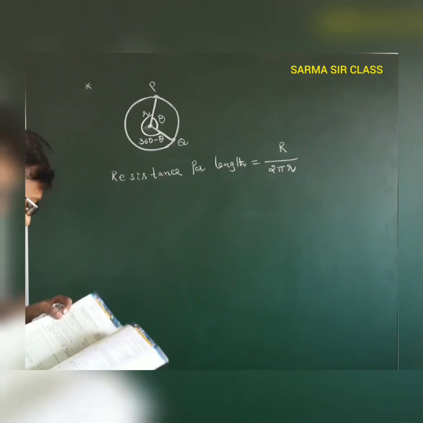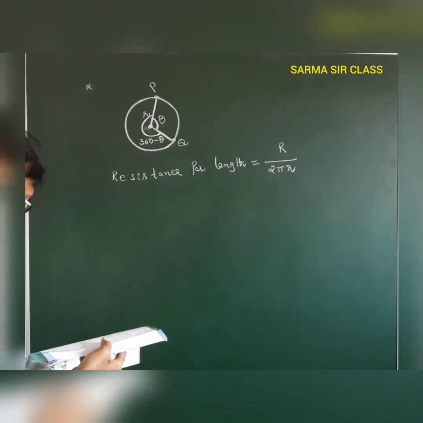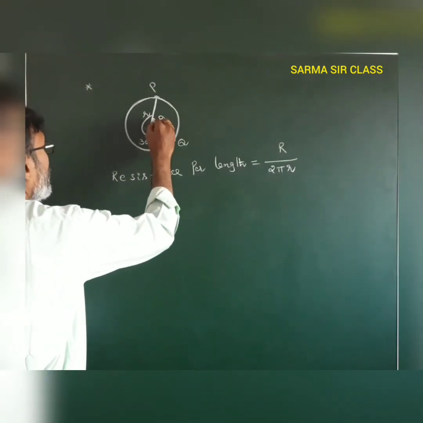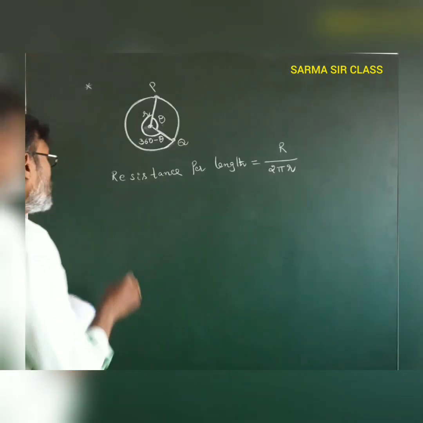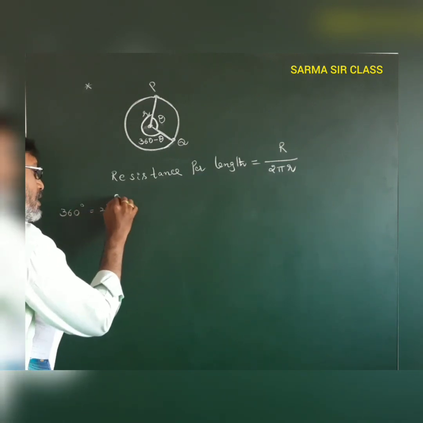It's very simple. The angle at this point is theta, and the other is 360 minus theta. 360 degrees is equal to 2 pi radian.